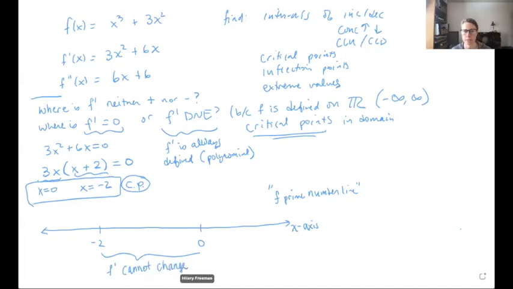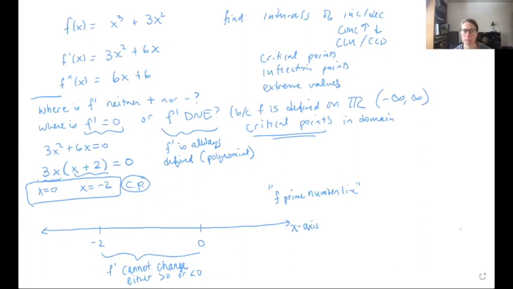So the idea is that in between -2 and 0, the derivative cannot change. It is either positive or it's negative. It's either greater than 0 or less than 0. There's no other option. Because the only other options would be 0 or does not exist, but we just algebraically found all the places where the derivative is 0 and undefined.